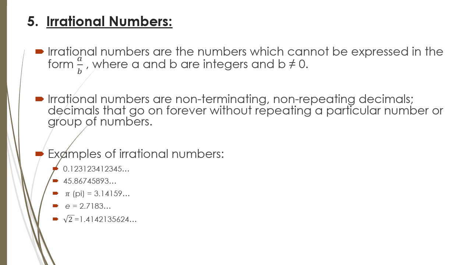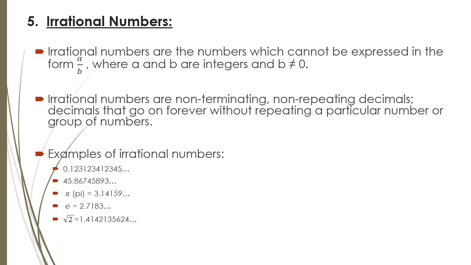So someone may say that pi is a rational number, but remember that the actual value of pi is 3.14159 and so on. 22 upon 7 is the approximate value of pi which we take for the sake of calculations. As you can see in the decimal expansion of the value of pi, the numbers are non-terminating and non-recurring. It is an irrational number.